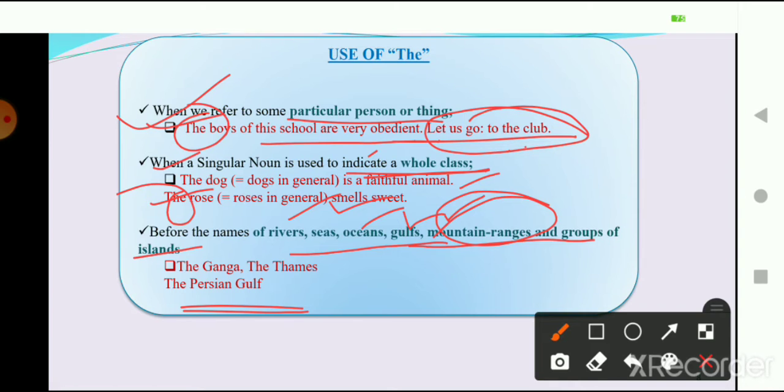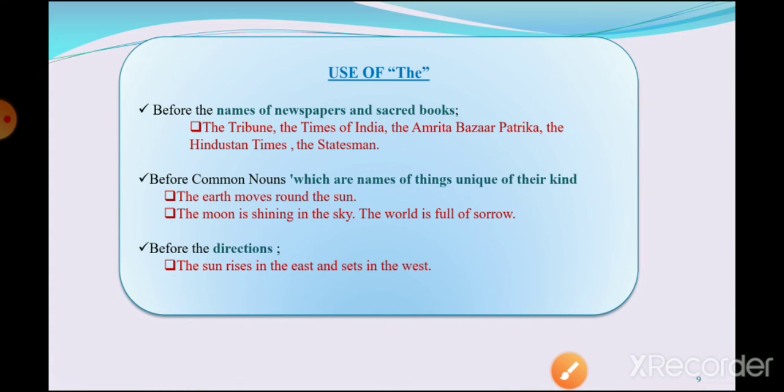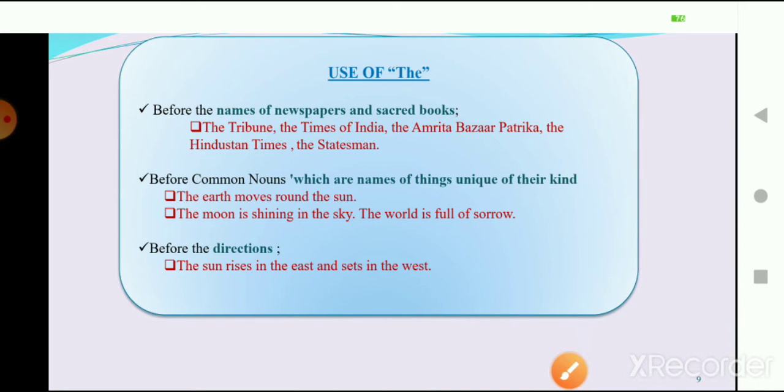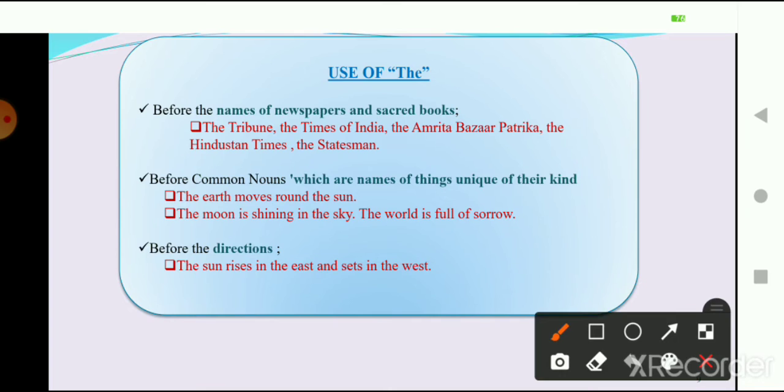Okay, now let's see another. Before the name of a newspaper and sacred books. It means we use the article the before the names of famous newspapers like the Times of India. Okay, we are using the article the here, right? The Amrita Bazar Patrika.